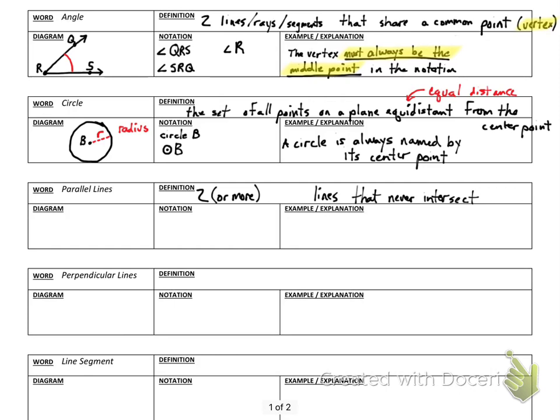Now, we're going to incorporate that idea in there. So your definition worked, but we're going to add a word in here to get the same idea across. These are on the same plane. If you look at it, you can see that you could draw a plane that passes through both of these lines. So we're going to say that these two lines are coplanar. So, two or more coplanar lines.